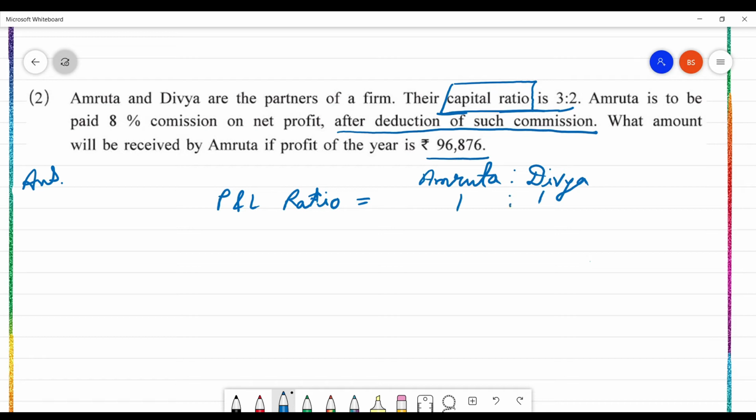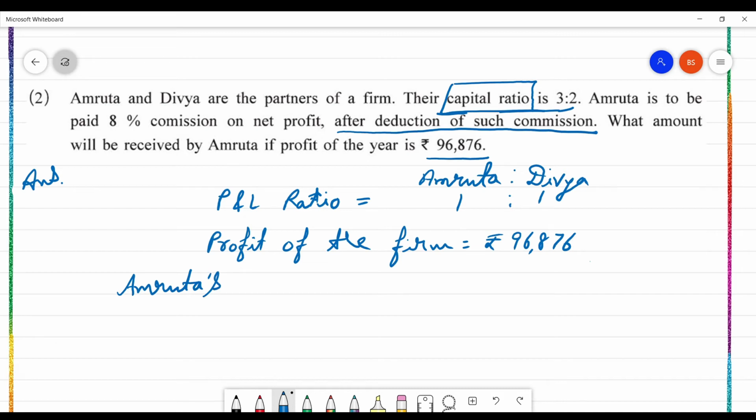After that, we have to write down the profit of the firm. Profit of the firm is 96,876.